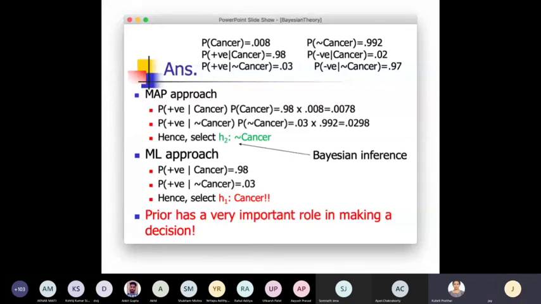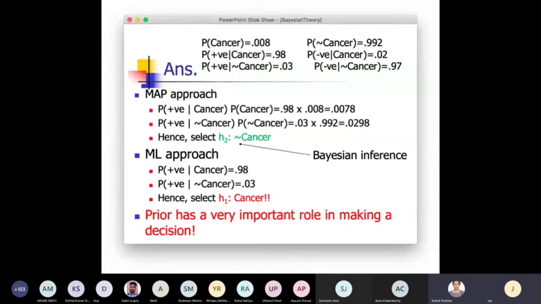See, there are two scenarios, no? One is having cancer and the other is not having cancer. Under these two scenarios, what is the probability that the diagnostic test will report positive?